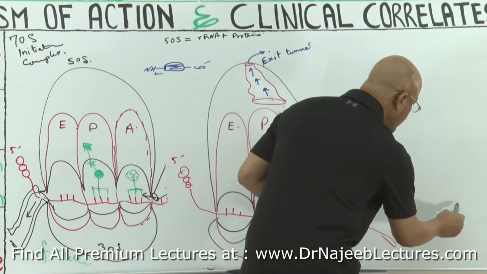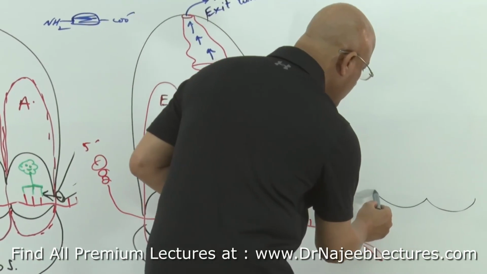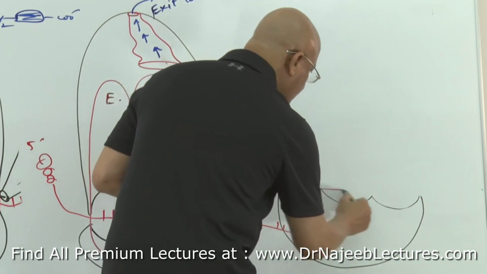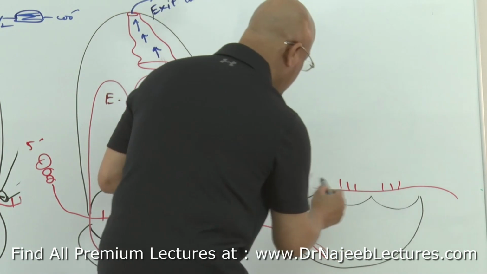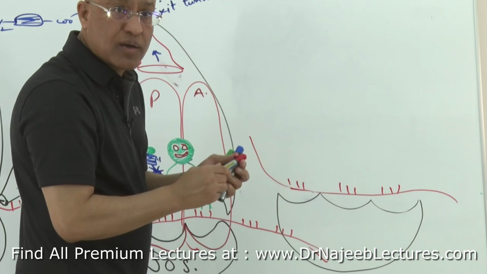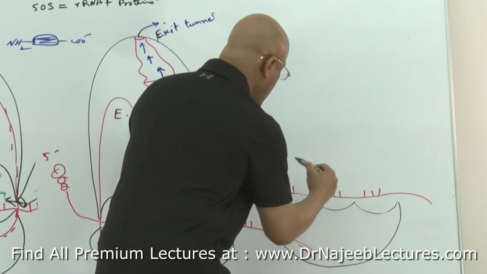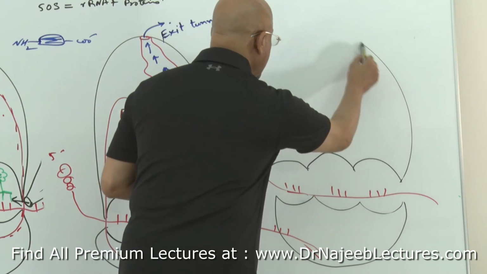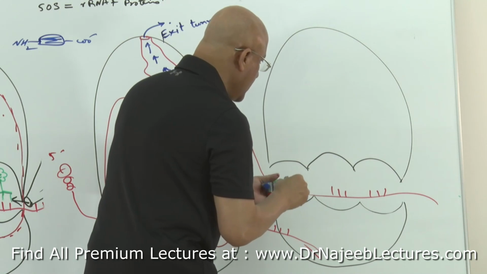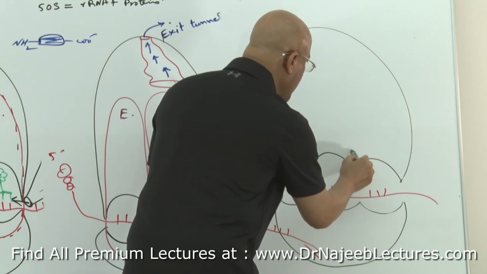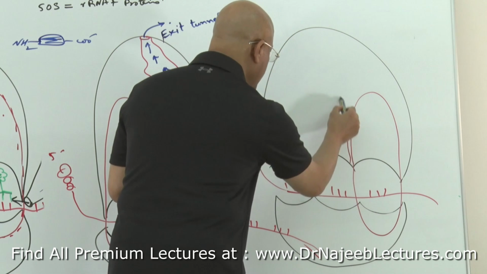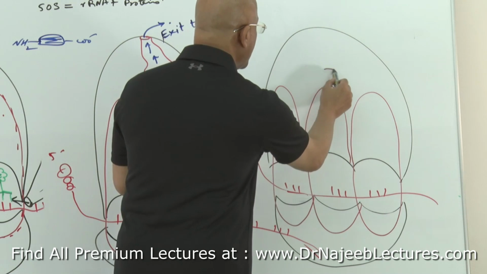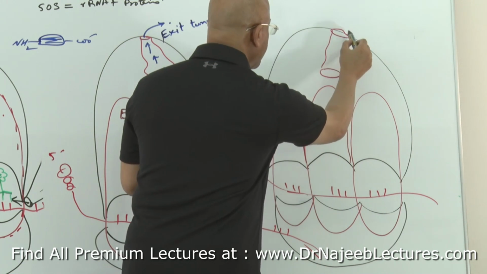I will now make it here. This is 30S. This is transfer RNA. Here was your 50S unit. Here was your A site, P site, E site, right? Here was your exit tunnel for the peptide chain.